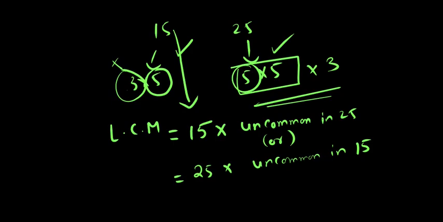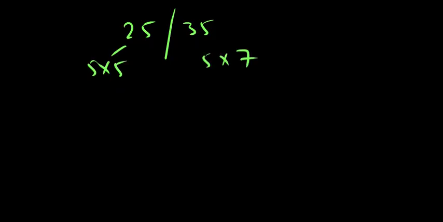Simply, if we take some other examples, for example, 25 and 35. It is 5 5s. This is 5 7s. 5 5s are 25, right? 1 5 is common here. We don't need a common one for LCM. So how much is common is nothing but this 1 5. 1 5 is the HCF.